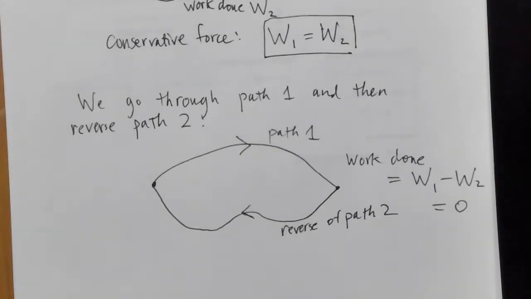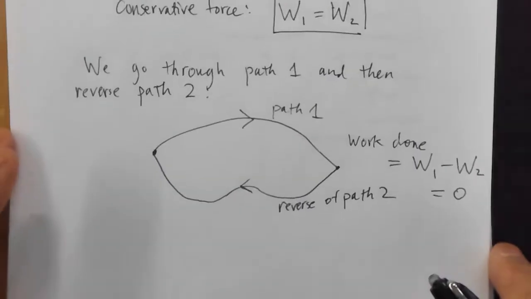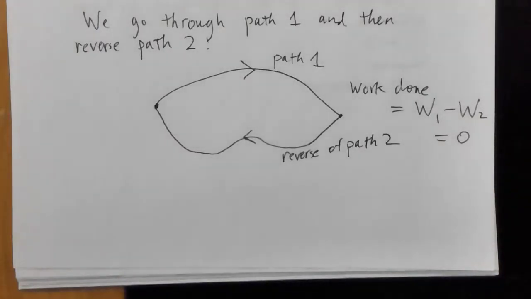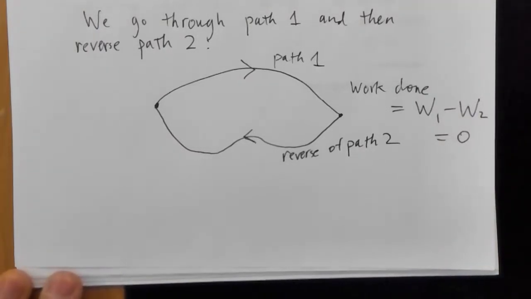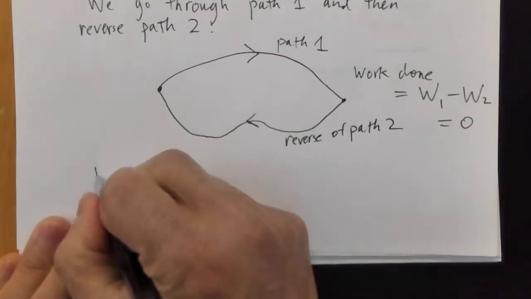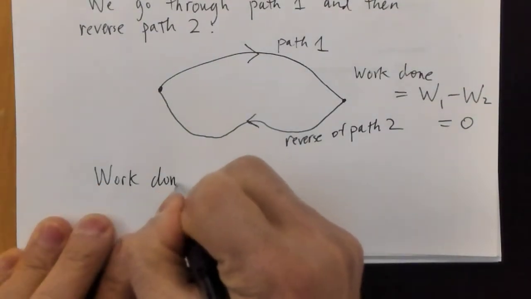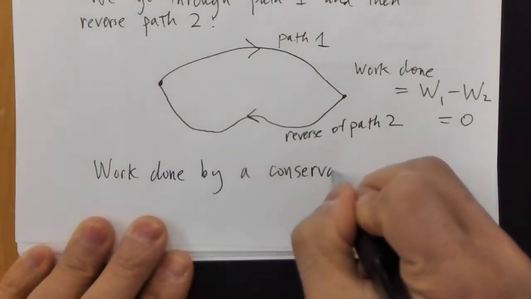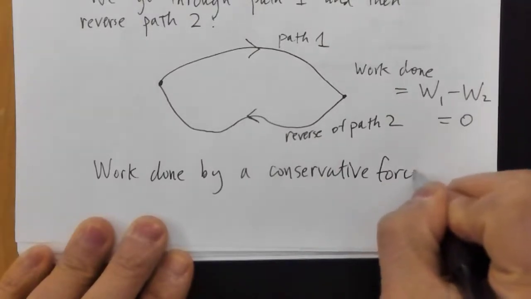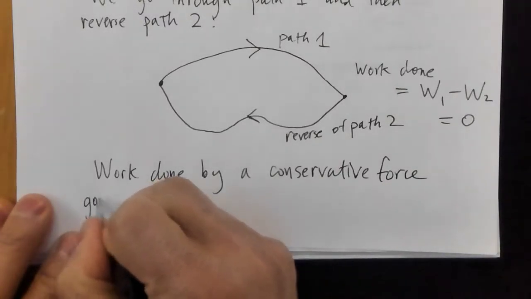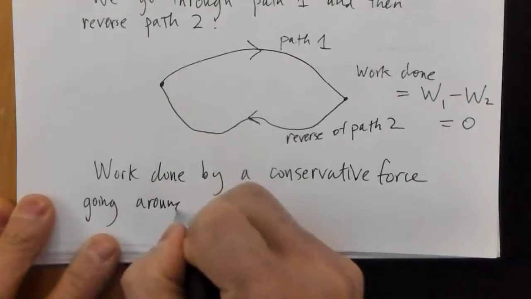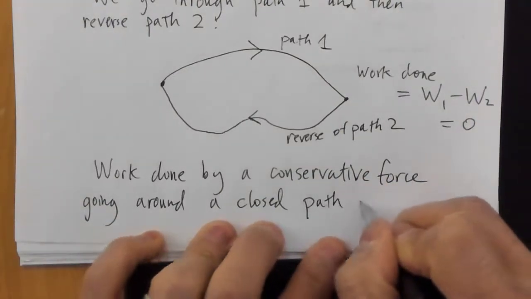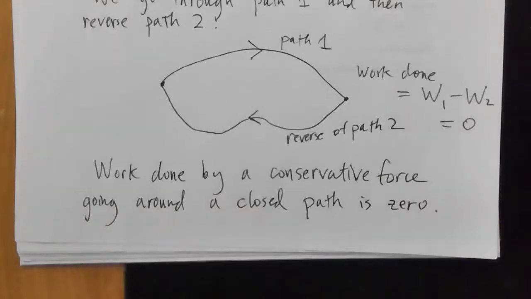Just playing around with words and drawing pictures seems kind of pointless, kind of silly, but we just derived what mathematicians would call a theorem. We say that the work done by a conservative force going around a closed path is 0.